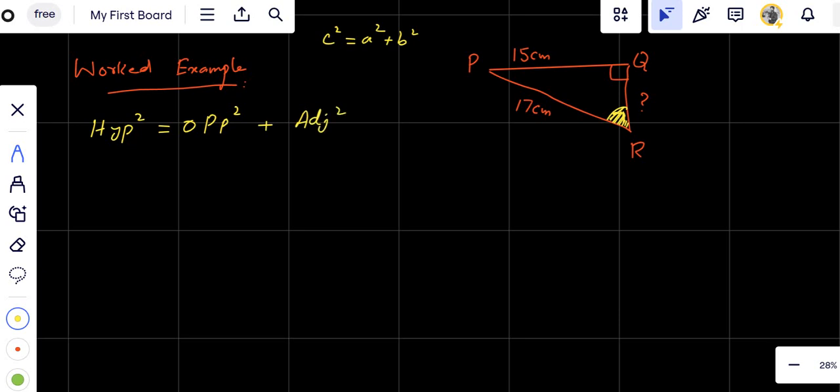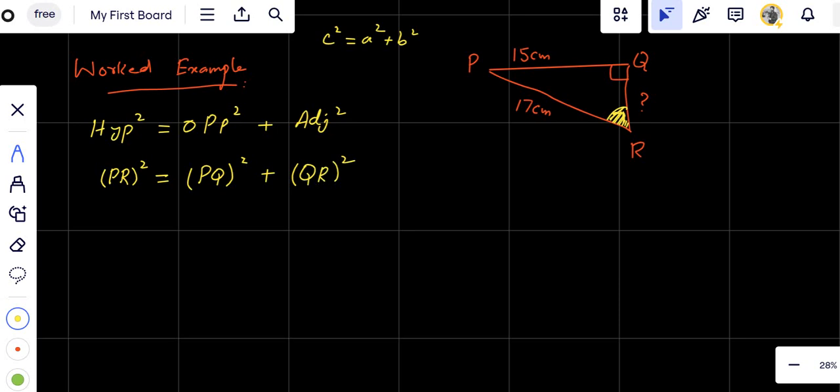So here hypotenuse is PR, according to our figure. I can write PR square. Opposite is PQ, so I can write PQ square, and QR is adjacent, QR whole square.